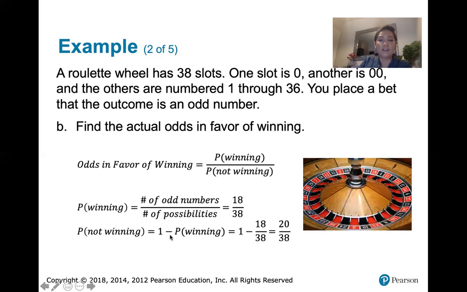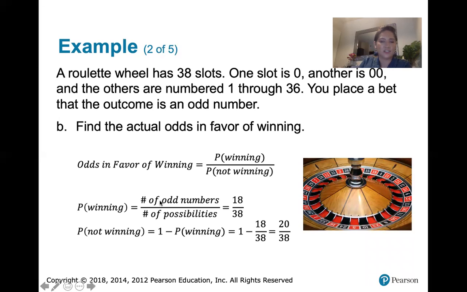You're going to take 1 and subtract that 18 over 38. That's 38 over 38 minus 18 over 38. Get a common denominator, and then subtract the numerators. That 38 minus 18 would give you 20. Or you can just say, well, if 18 out of 38 are odd, then 20 out of 38 must be not odd.